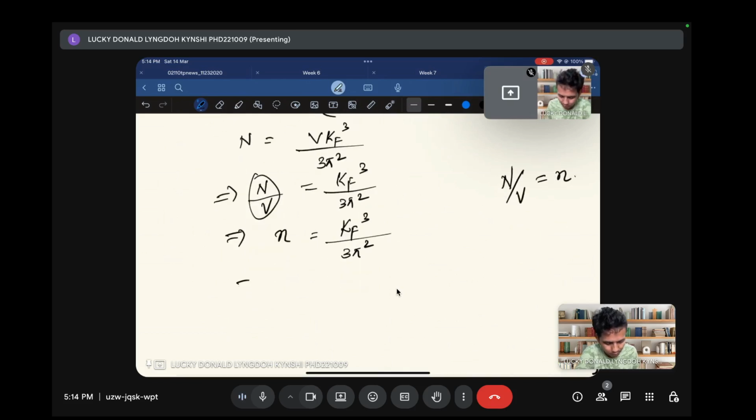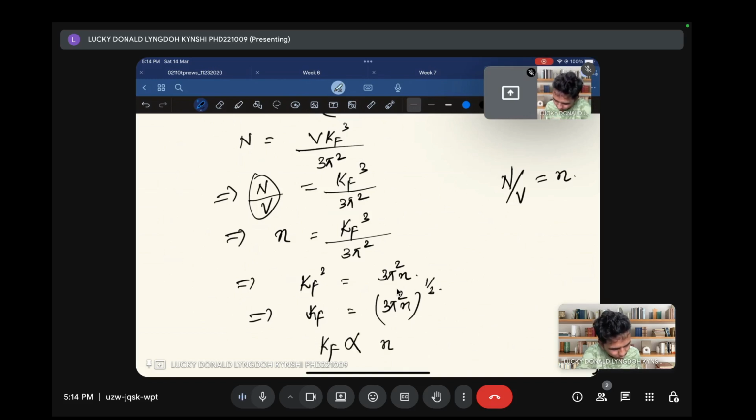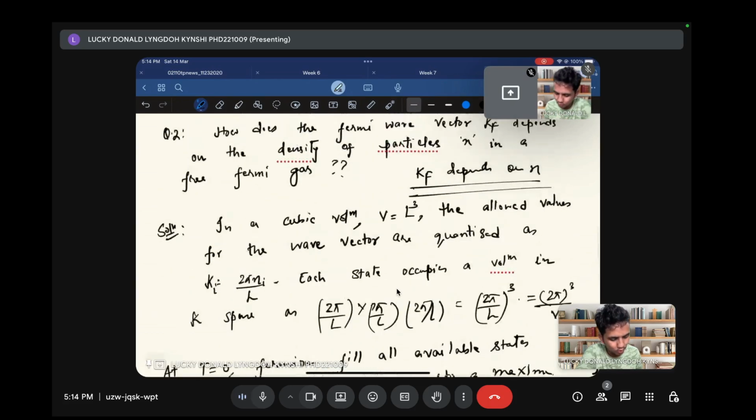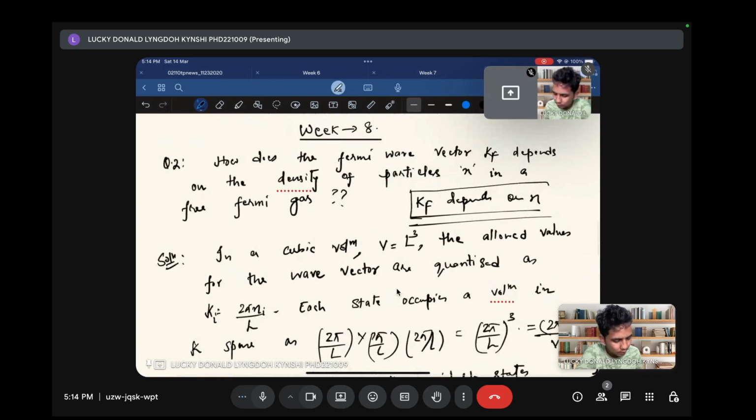So kf cubed equal to 3 pi square n, which implies that kf equal to 3 pi square n to the power 1 divided by 3. So what do you see here? You see that the wave vector is proportional to n to the power 1 divided by 3. That explains your question: how does kf depend on the number of particles or the density of particles? n is the number of particles per unit volume, which you can also call density.